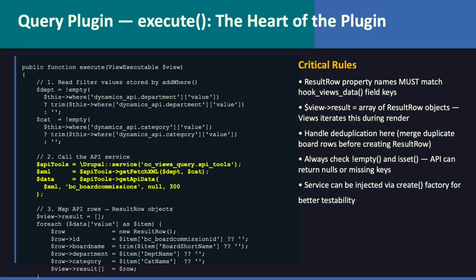And then we're making the call to the API, passing in the XML and specifying which API we're looking for on the Dynamics side. And then the third step is building out the rows for the data that we're getting back. So this is the heart of it here. This is where all the important stuff is happening in the custom plugin.